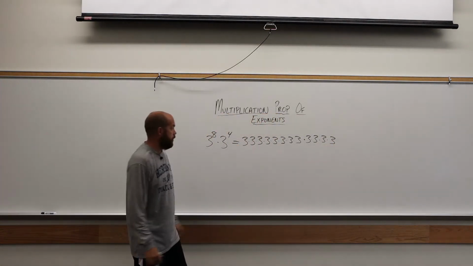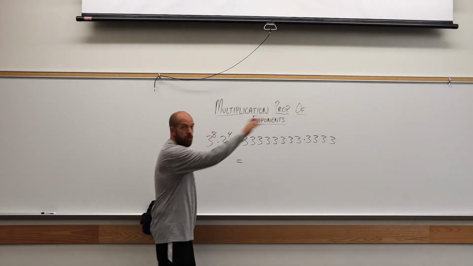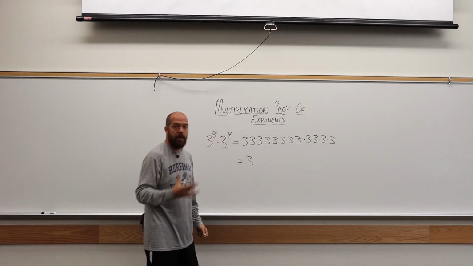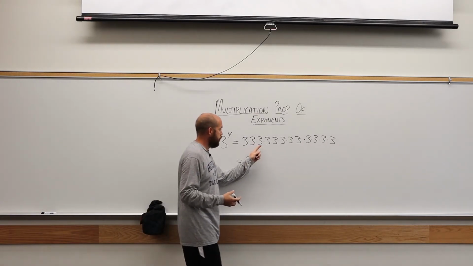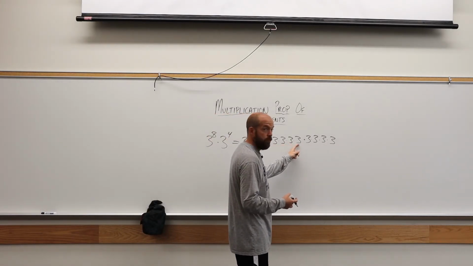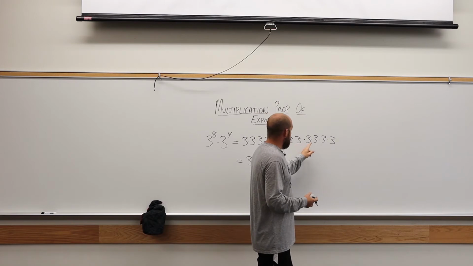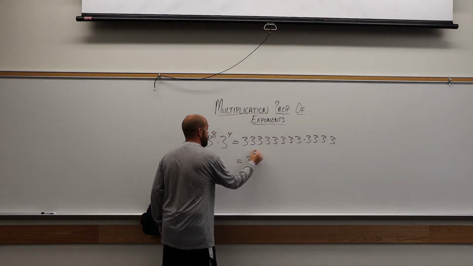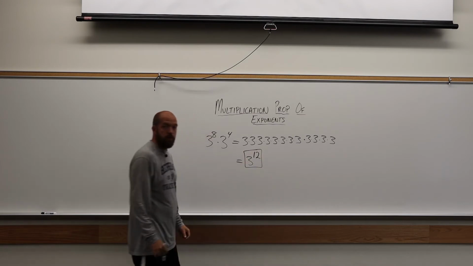So what does that equal? Well, this is a whole crap ton of 3's being multiplied together repeatedly. How many times were they multiplied? Well, 1, 2, 3, 4, 5, 6, 7, 8. There's my first 8. 9, 10, 11, 12. So 4 more makes 12 total. So this would be 3 to the 12th power.